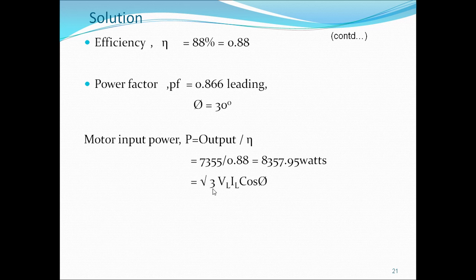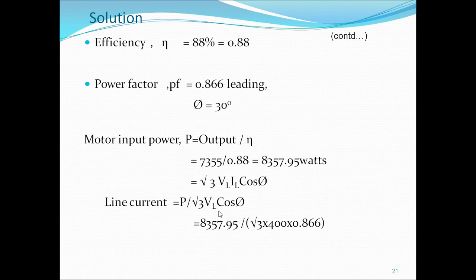What is the motor input? Root 3 VL IL cos phi. We know the cos phi value, that is 0.866, and we know the line voltage value also, VL, that is 400 volts. So we can calculate IL. IL is equal to P by root 3 VL cos phi.